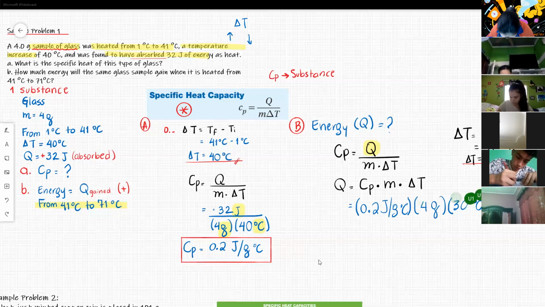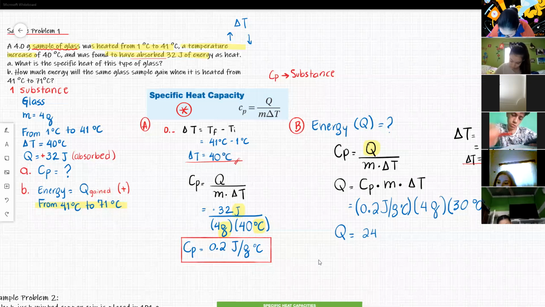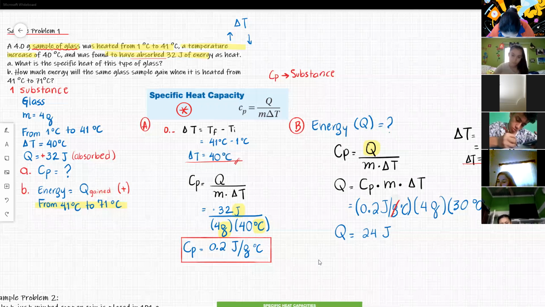How much is this? 24. And what units are we going to measure this in? Take a look. Joules, okay? Why? Because here in the procedure, you can cancel grams with grams.